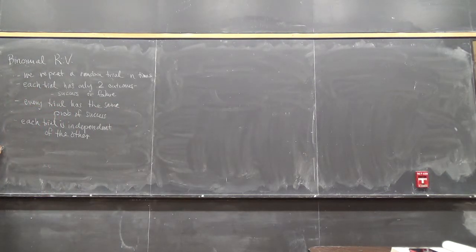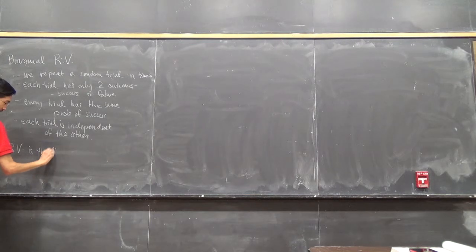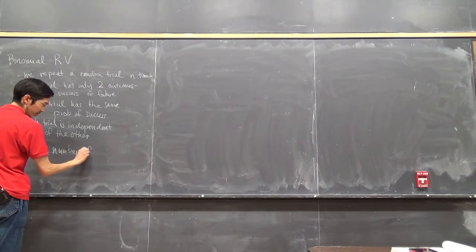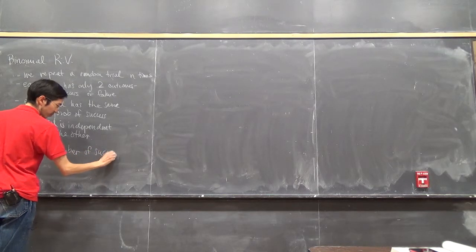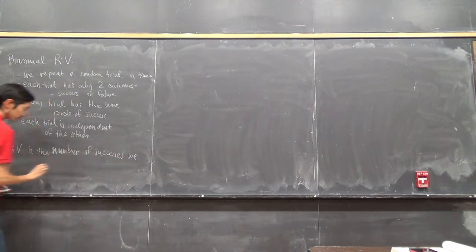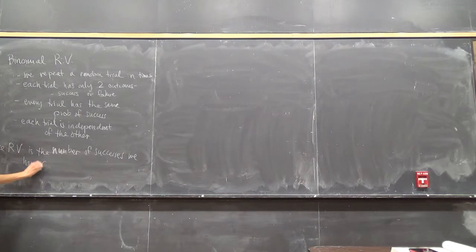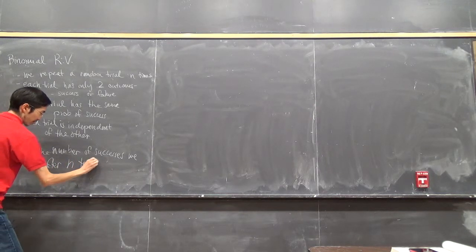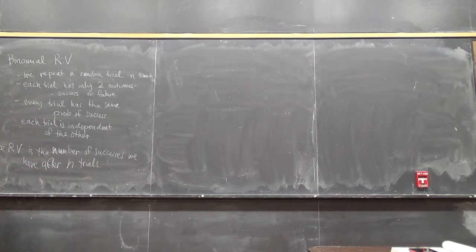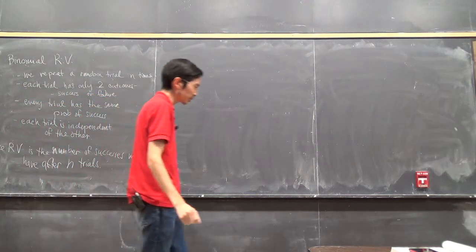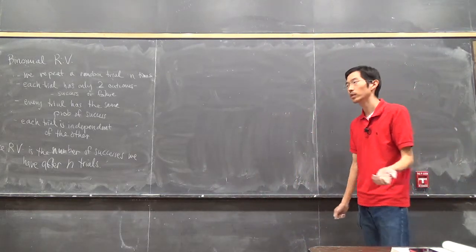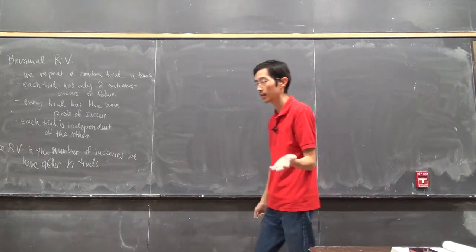The random variable is the number of successes that we have after n trials. So a binomial random variable could be, I flip a coin 6 times, how many times did it land on heads?